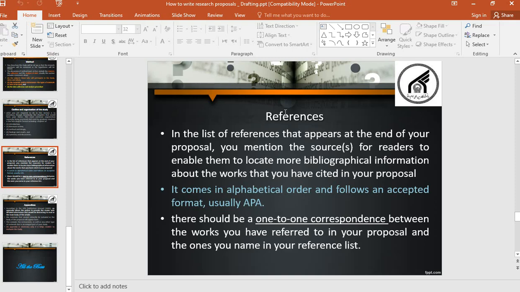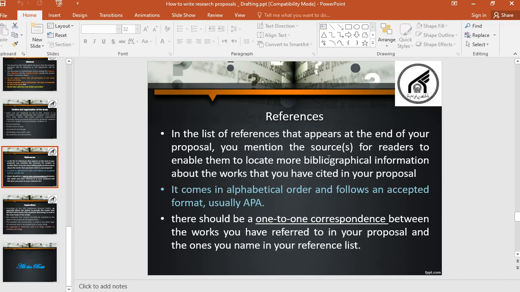The section before the last one in a research is references, and you have to present the references in your proposal as well. The references are the list of sources that appear at the end of your proposal. You mention the sources to enable readers to locate more bibliographical information about the works that you have cited in your proposal.